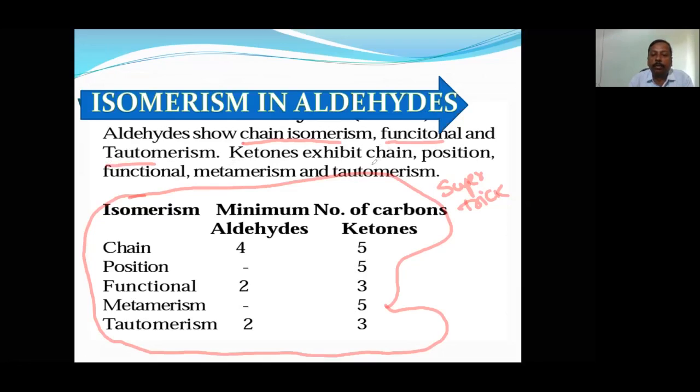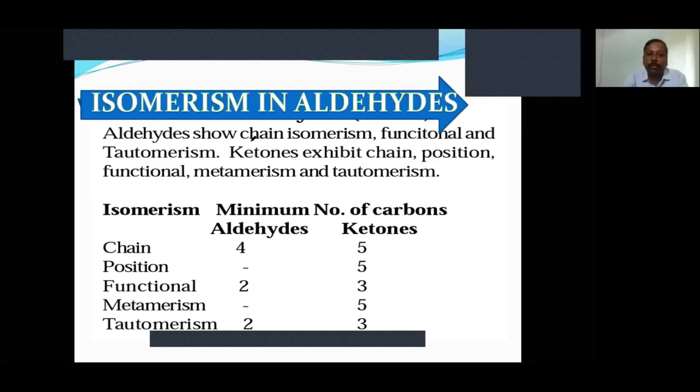But ketone can also show chain isomerism. Position isomerism is not possible in aldehyde. Why? Aldehyde can show chain isomerism but not position isomerism because it is a terminal functional group.